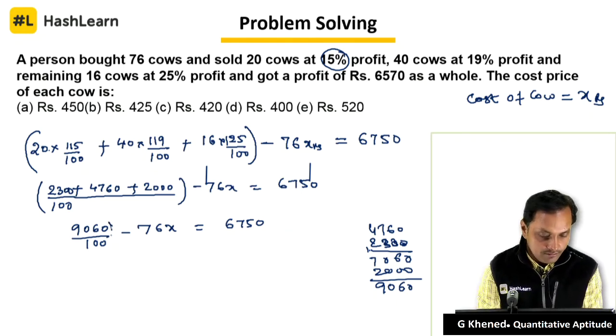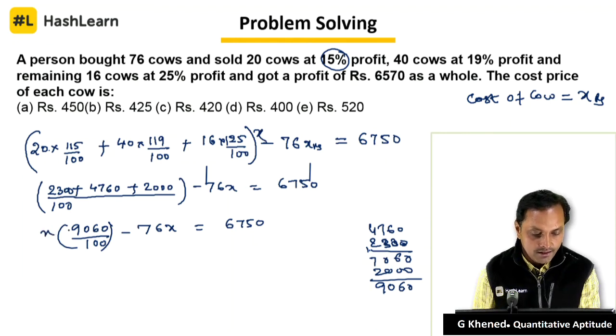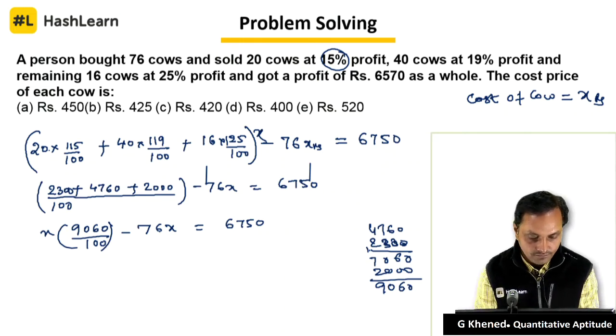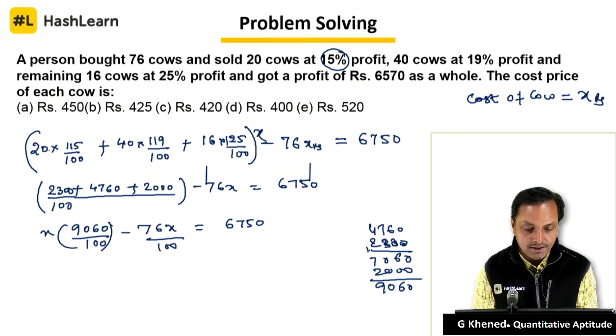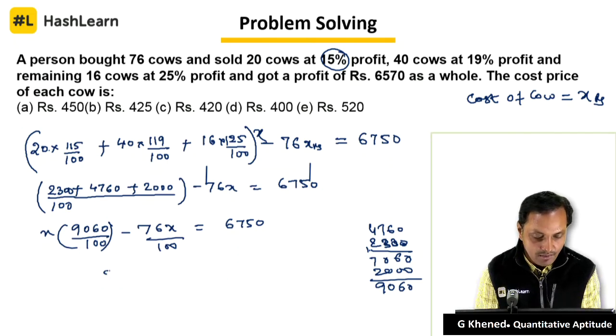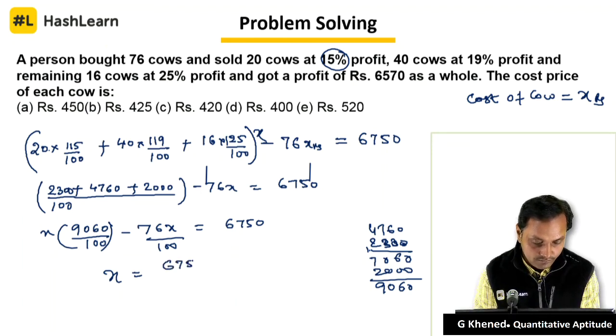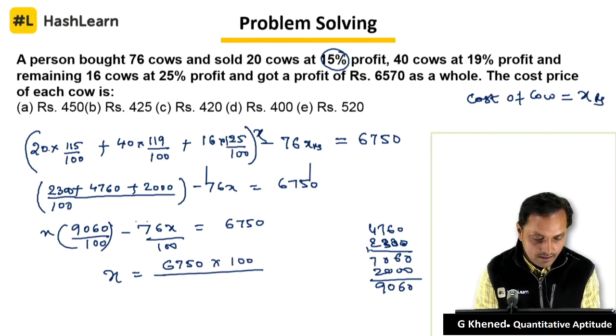You have to multiply throughout this with x, because you know that x is the cost of the cow. Once you do the simplification, what will be the answer? Taking this as 100, x will be equal to 6750 into 100 divided by 9060 minus 76.